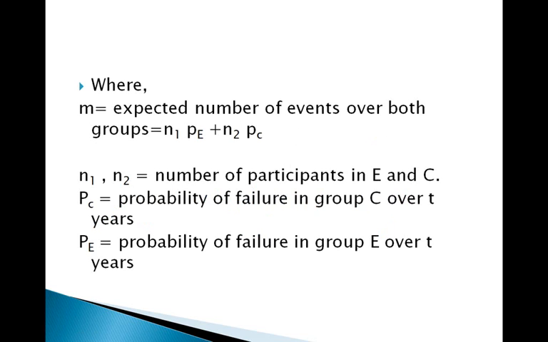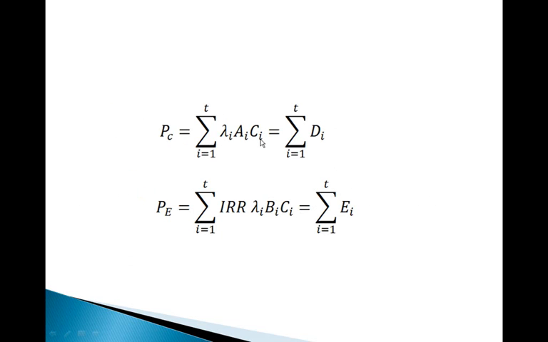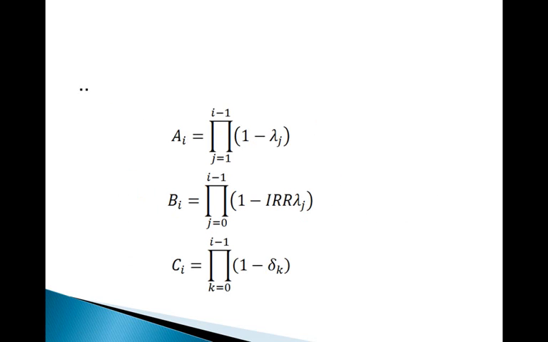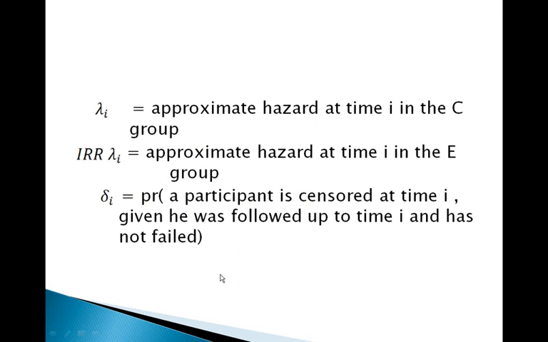M is the expected number of events over both of the groups, and these again are calculated using the probability of the expected failure in each of the two groups. We see them calculated here, and the bits and pieces of the power calculation we had seen before in previous slides.